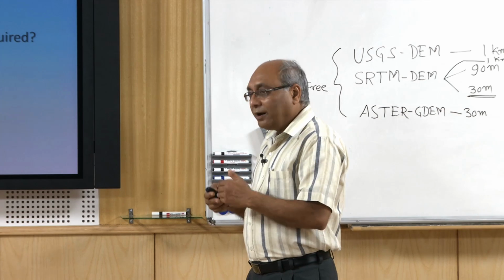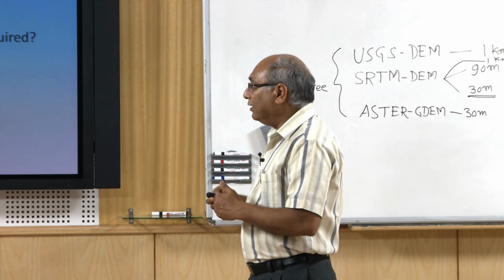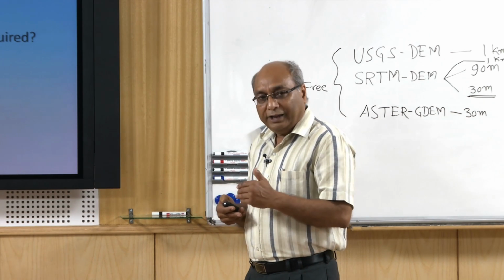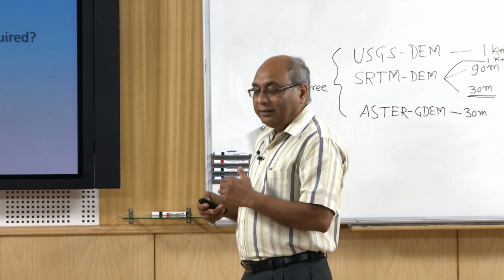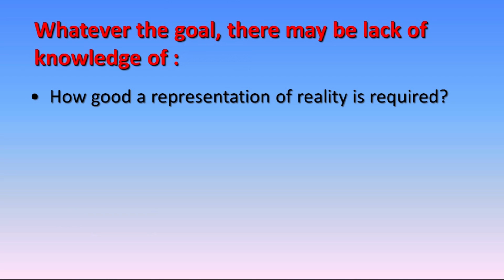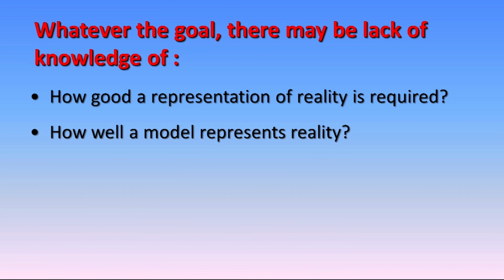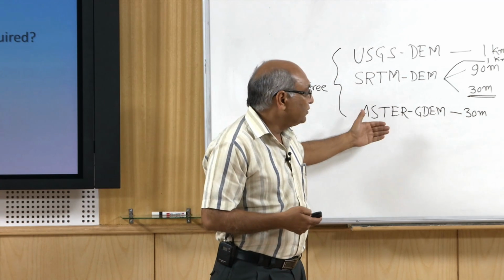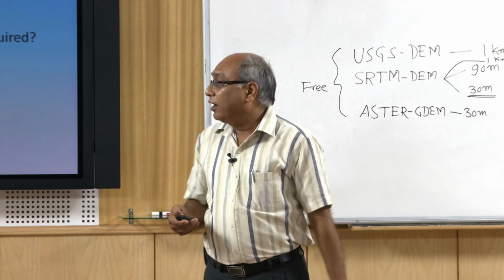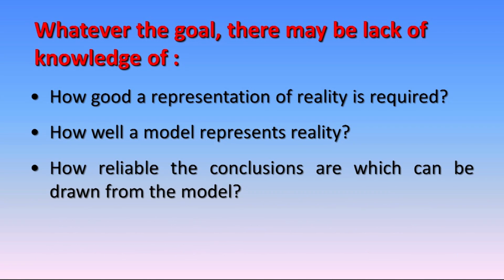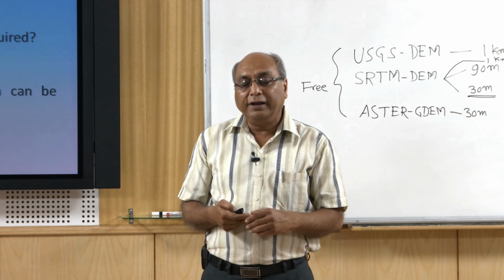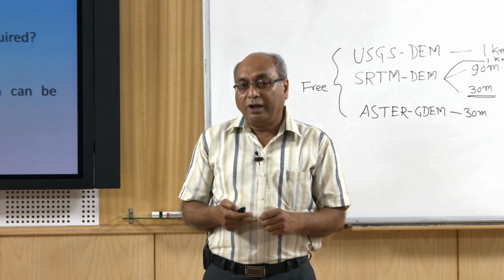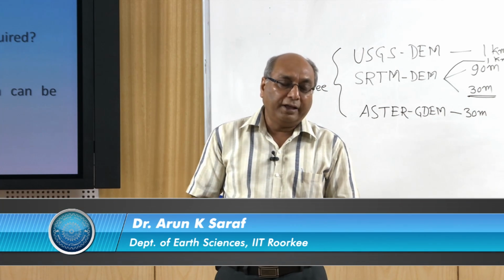So whether our input data is really representing the reality in an accurate or true manner has to be understood, and how well a model represents the reality, which particular digital elevation model derived from a variety of sources will fit our requirements, and how reliable the conclusions are which can be drawn from the model. So when you derive the outputs of different derivatives from a digital elevation model, how much reliance can you have on them?